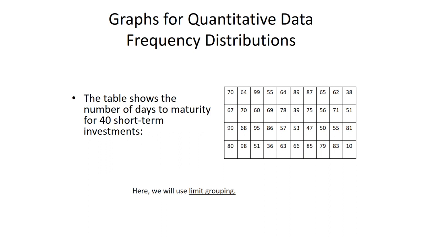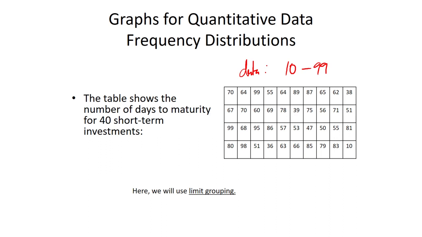So we're going to pick what we call classes or bins or widths. And so we're just going to split this range up. If you look here, our data goes from where to where? Like 10 to 99. So it's a range of about 0 to 100 or somewhere in that range.